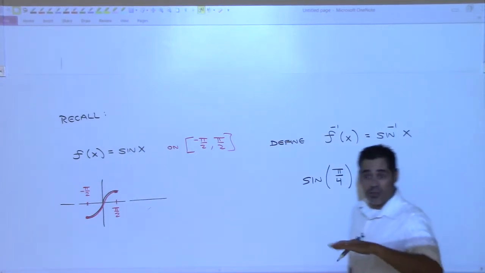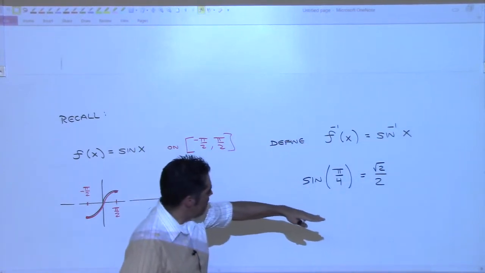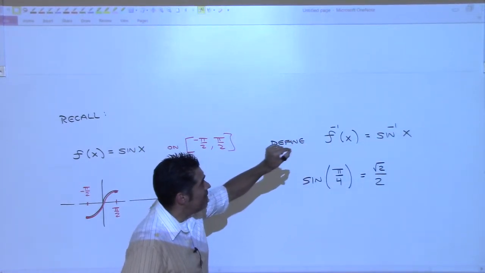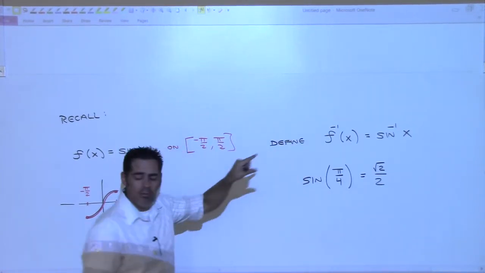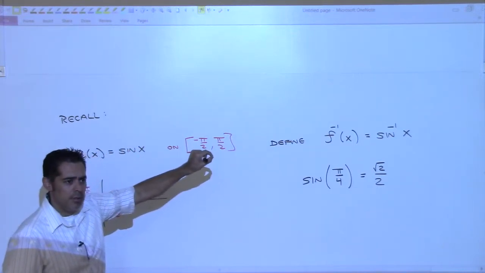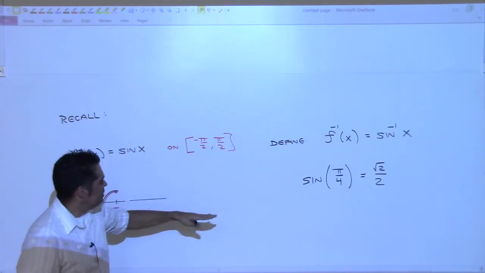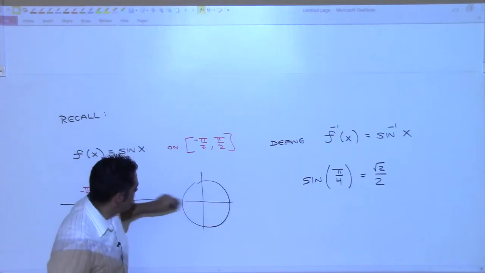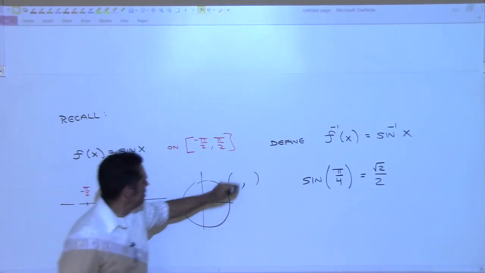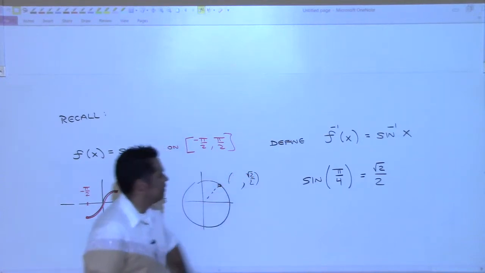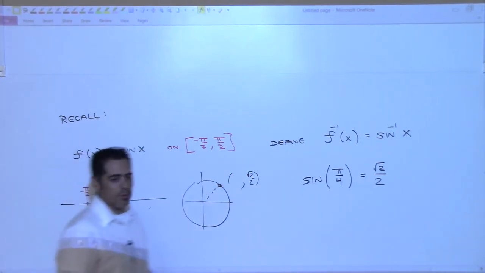Okay, so that's your unit circle going to pi over 4 and looking at the, which coordinate? If I'm doing sine, what is it, the x or the y coordinate? The y coordinate. Okay, so you're looking at the unit circle, you're going to pi over 4, you're looking at that point that you all have memorized, and the y coordinate is root 2 over 2. So sine of pi over 4 is root 2 over 2.